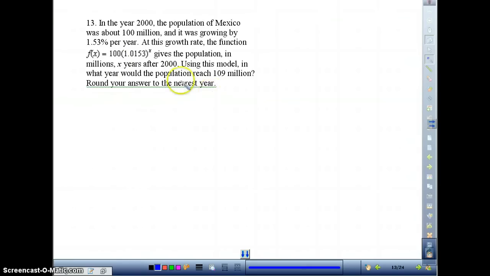Using this model, in what year would the population reach 109 million? Round your answer to the nearest year. Okay, we have our starting population, 100 million, 100, and this is in millions, so that 100 is 100 million.